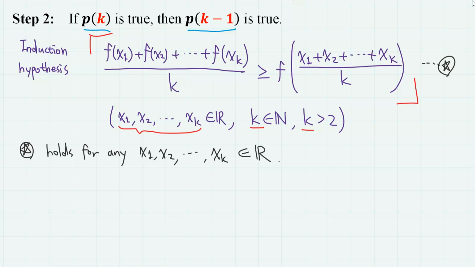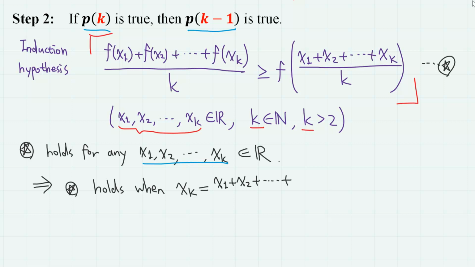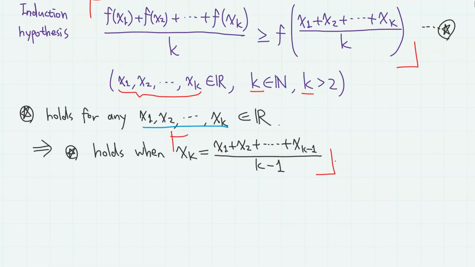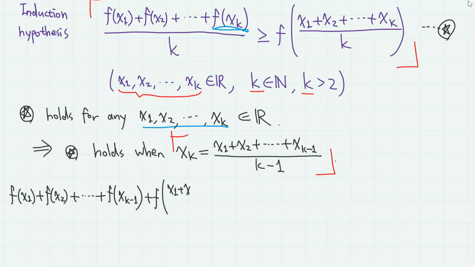Since this inequality holds regardless of the values of these k variables, it must also hold for the special case when x_k is given as (x1 + x2 + so on + x_{k-1})/(k-1). Then the inequality becomes f(x1) + f(x2) + so on + f(x_{k-1}). Then this last term becomes f of (x1 + x2 + so on + x_{k-1})/(k-1).